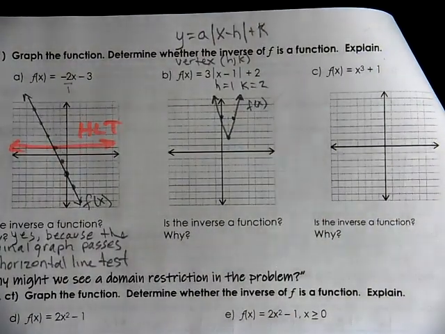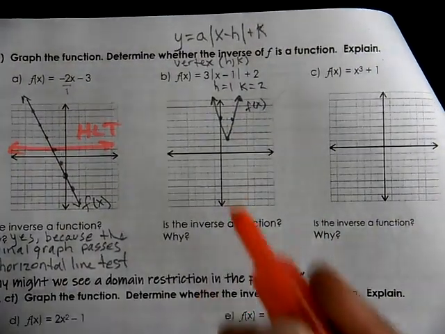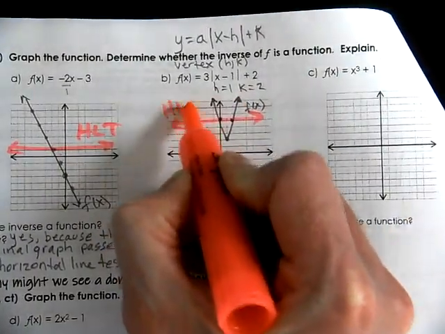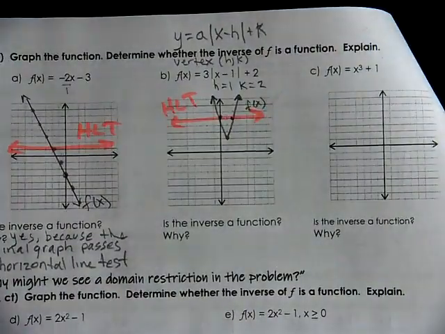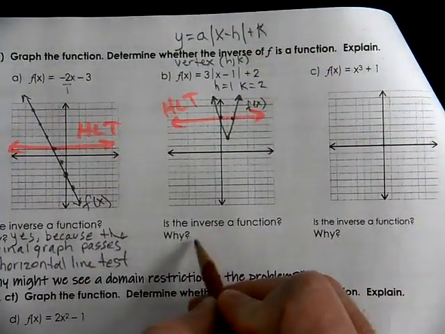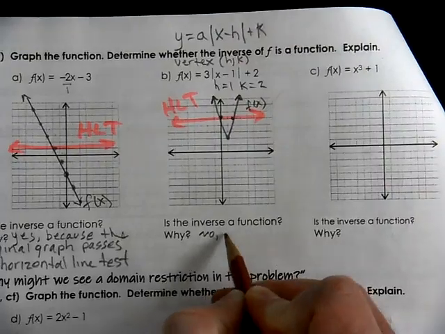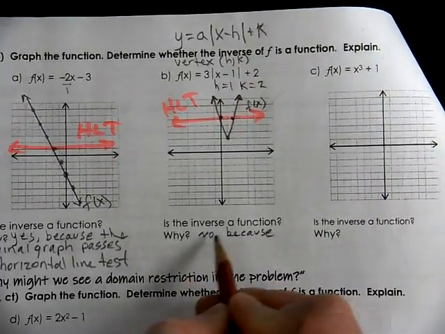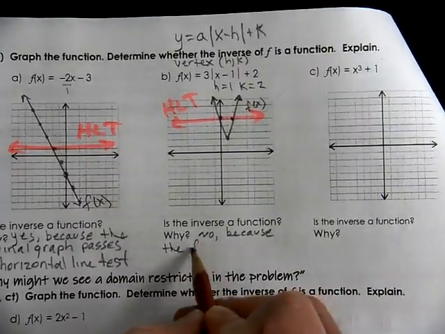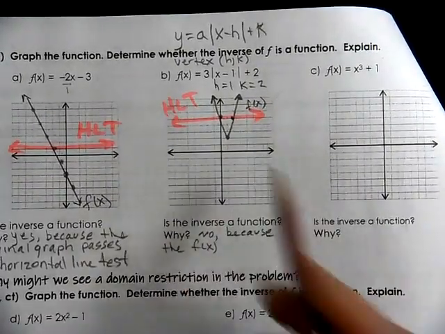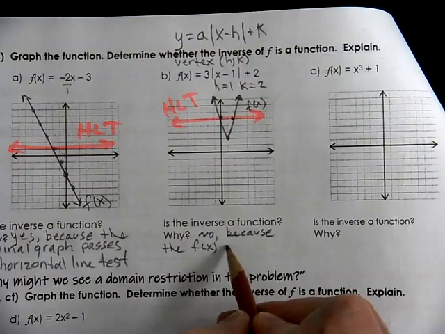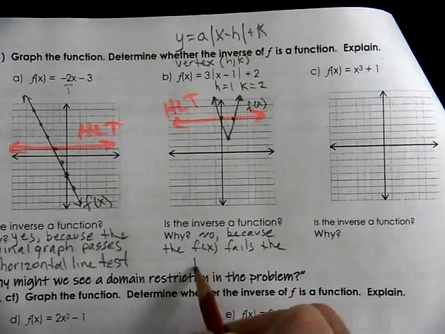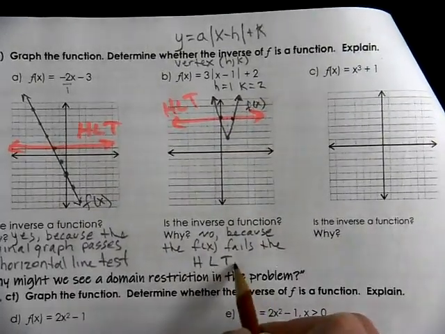We can just look at a horizontal line, and a horizontal line is going to touch the graph 2 times. No, because the f of x, the original graph, fails the horizontal line test.